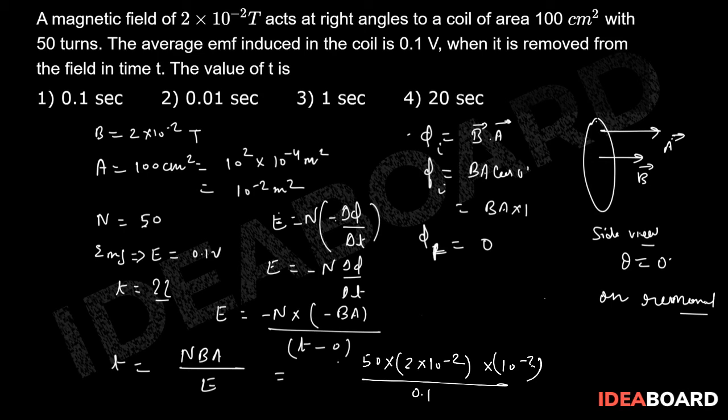So now solve this value. What do we get on solving? So this will be 50 into 200, which is 100 into 10^-2 and 10^-2, 10^-4, and this is 0.1. So this will be 10^-3 seconds, right?